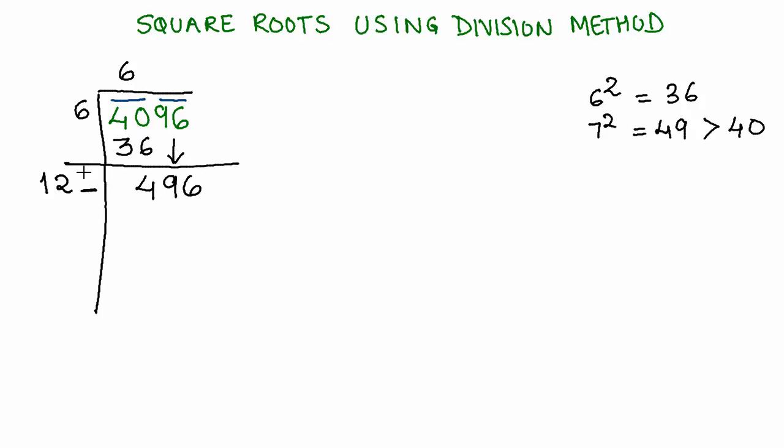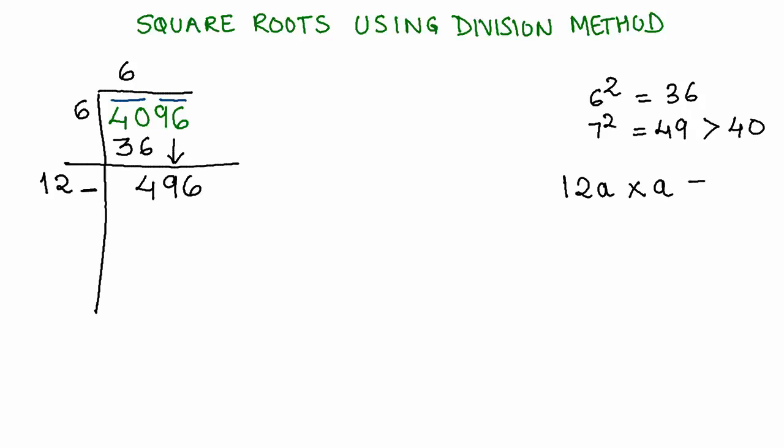Now we have to find a number over here such that when we multiply that number with this number that is formed, it should be equal to or less than 496. Let's say that digit is a.